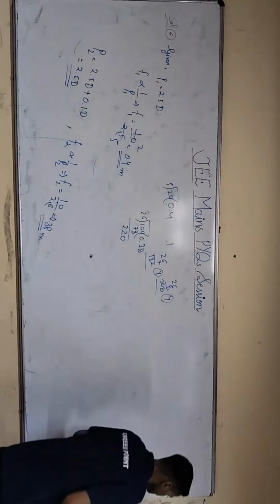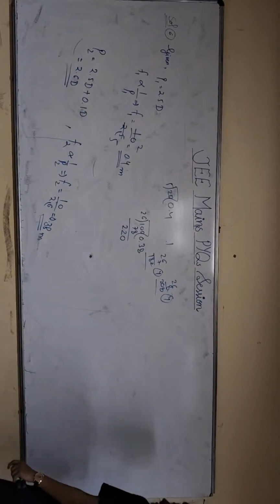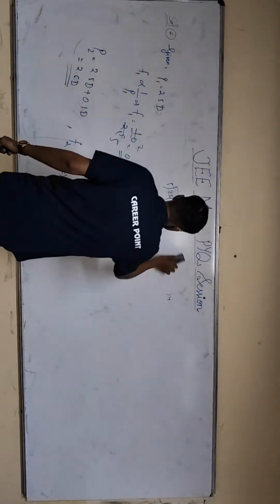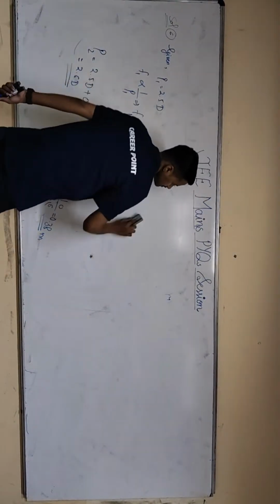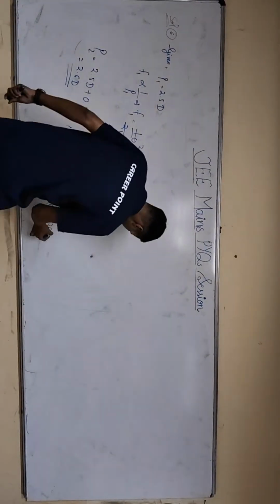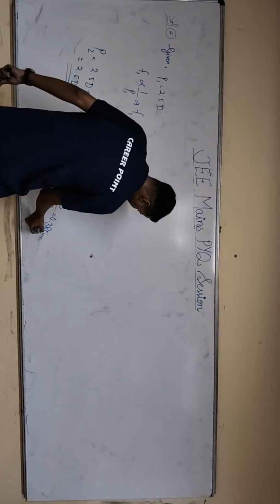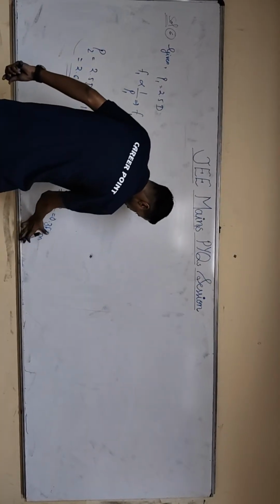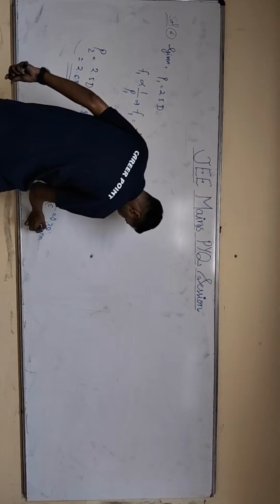I hope this is clear to you. It is around 0.385. So now you know the value of F2. You write only up to 3 places, 0.385.